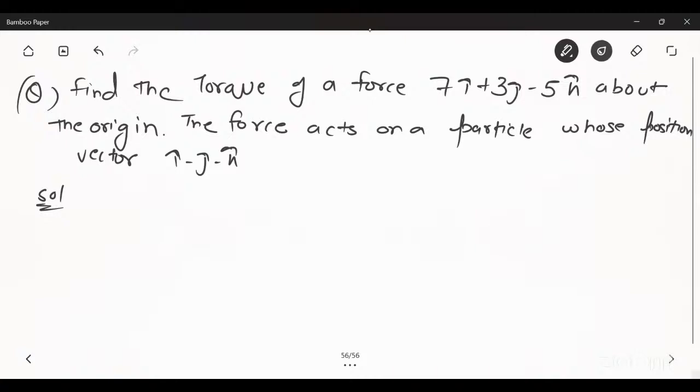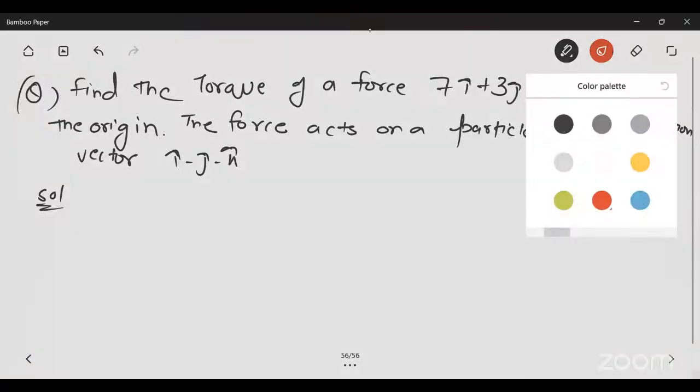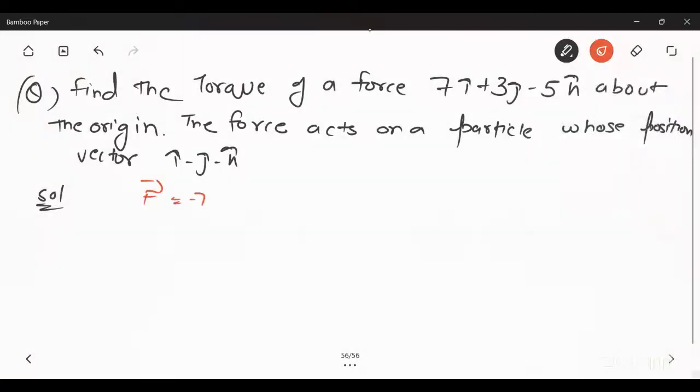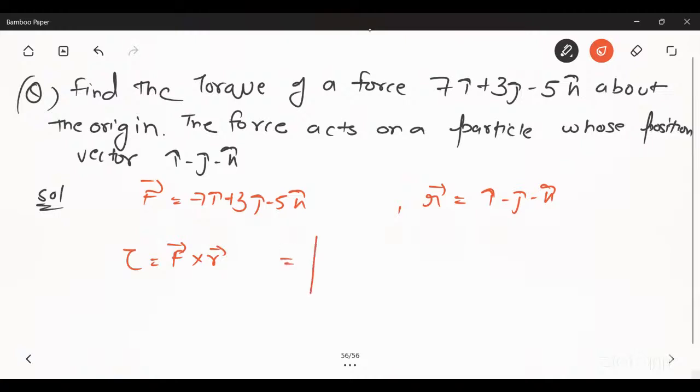Just see the solution. What is given? The force is 7i plus 3j minus 5k cap. And next is the position vector r, given as i minus j minus k. So what is torque? Torque is defined as r cross force. So how can you find it? i, j, k.